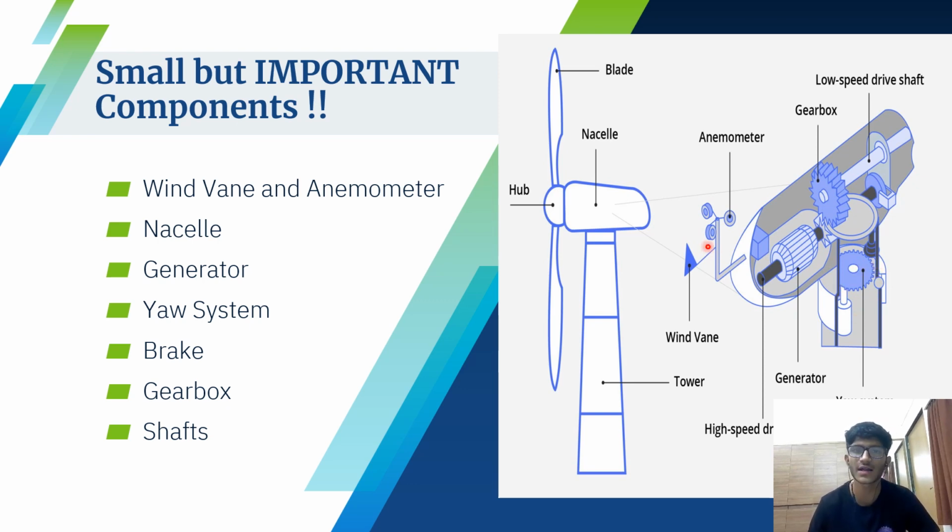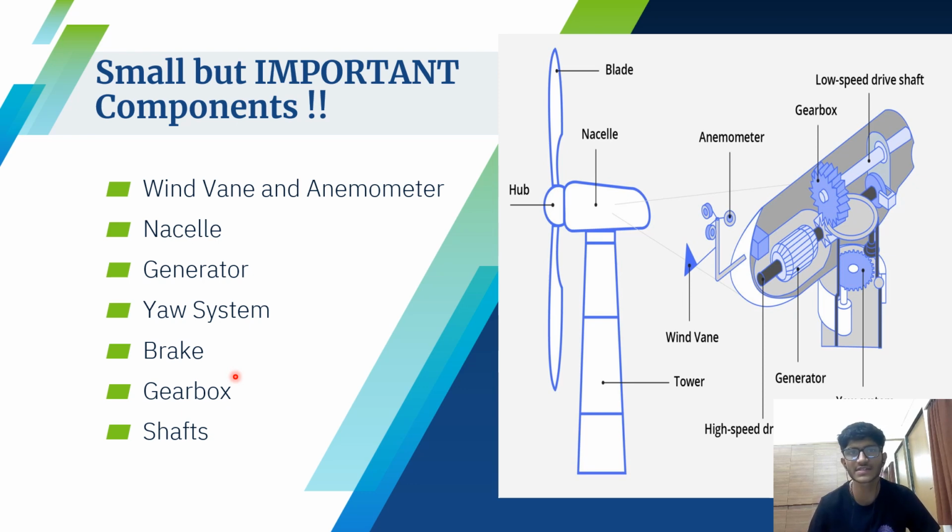Then we have brakes as well. These brakes are not like the brake in a car. The turbine brake keeps the rotor from turning after it's been shut down by the pitch system. Once the turbine blades are stopped by the controller, the brake keeps the turbine blades from moving, which is necessary for maintenance. Next, we have the gearbox. The gearbox adjusts the turbine's blade speed.